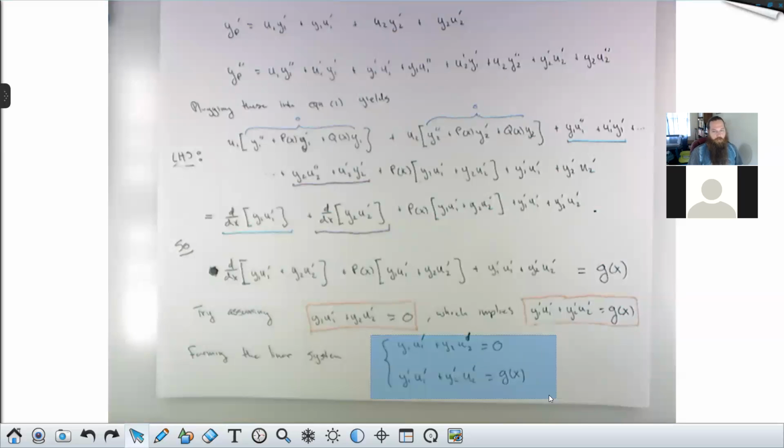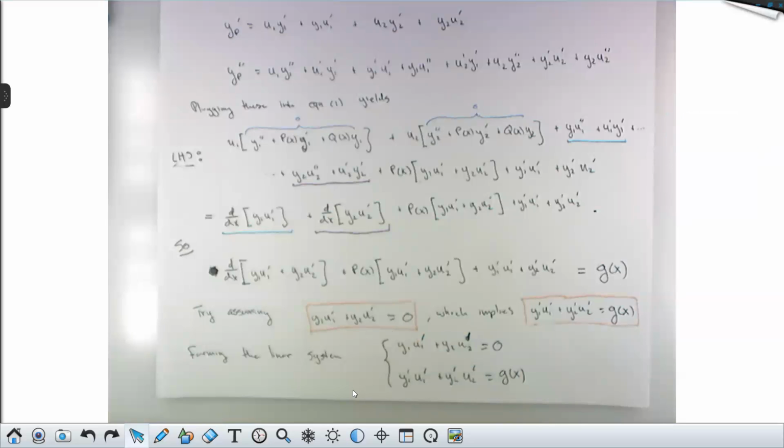And the nicest way, you could write down solutions to this lots and lots of different ways. You could solve this every time by elimination or by substitution, but forget that business. We can use Cramer's rule to write down u1 prime and u2 prime. So I remind you what Cramer's rule says.